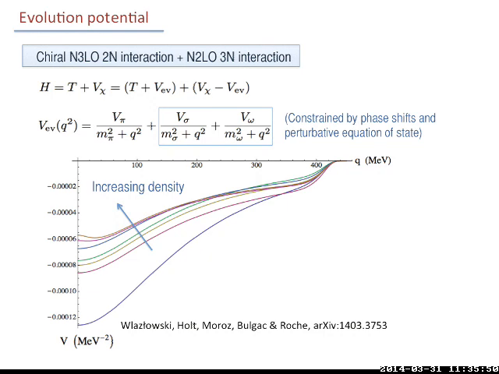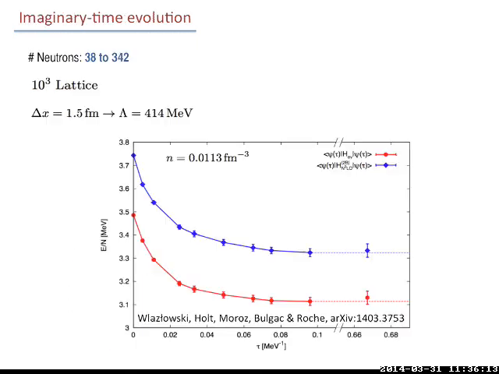So what we do is we fit these four different parameters associated with the attractive and repulsive Yukawa interactions. We constrain them by fits to phase shifts, as well as the perturbative equation of state, which we can calculate. Then we get some density dependence in our evolution Hamiltonian, but we can nevertheless evolve to the correct ground state of this evolution potential.